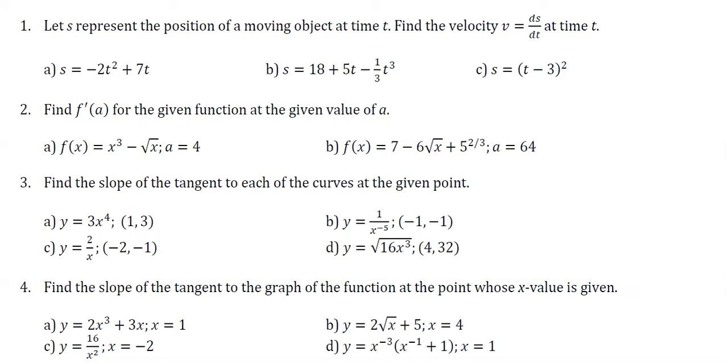It's speed, right? So it turns out, if I have a function that represents the position of an object, which also is similar to like distance, okay? Its derivative is a function of the object's velocity or its speed.